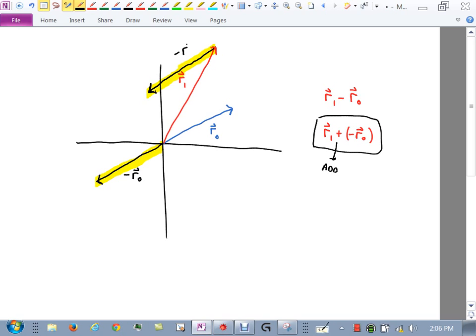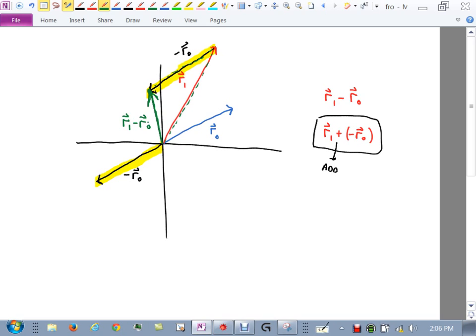That's negative R0. And so the resultant vector: we travel down R1, travel across negative R0, and end up at this tip here, which means the resultant vector goes from here to here. That is R1 minus R0.